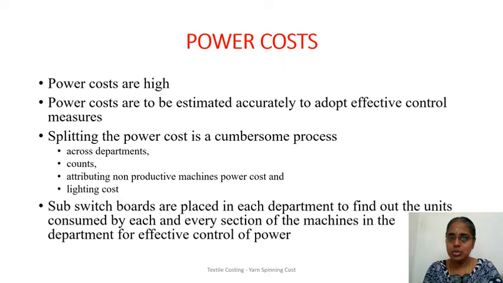To do this, mills have placed sub switch boards in each department so that we can estimate the units consumed by each department, and thus the power cost. When the consumption for a particular department is high compared to earlier, we can see that there are some power losses, and proper action can be taken in that department for effective control of the power cost.